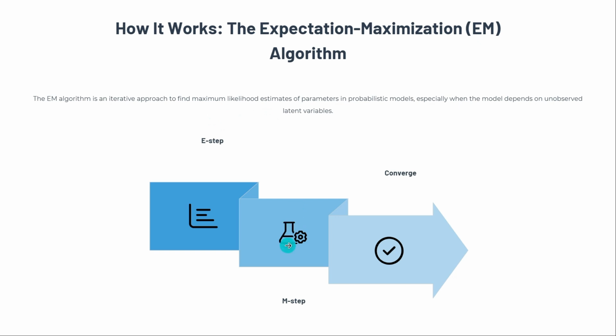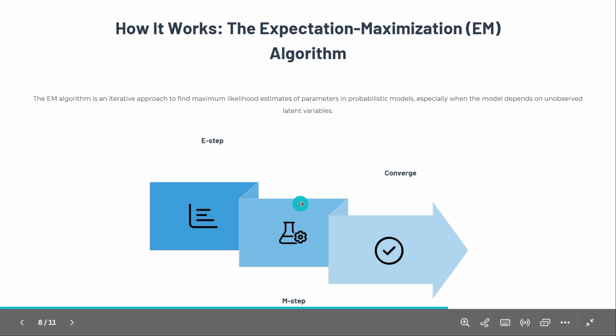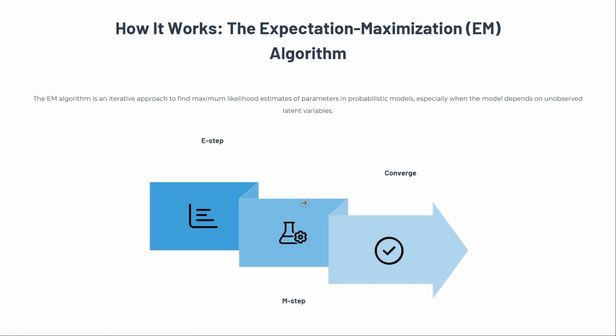Step two is the M step, in which we update the group definitions based on those probabilities, and we repeat until nothing changes much and we get the most likely values. It's like sorting puzzle pieces: guess where they go, fix the picture, then guess again until the image is clear. So we repeat those steps until we get the correct one.